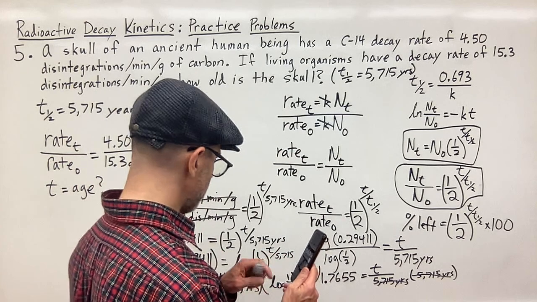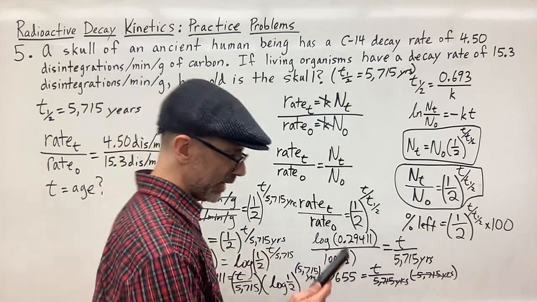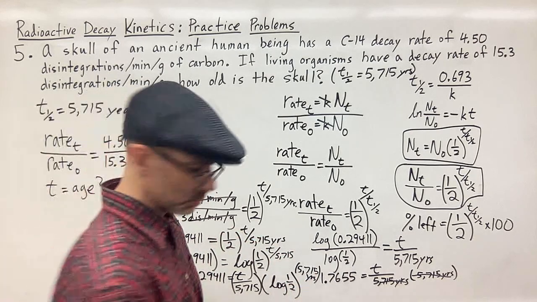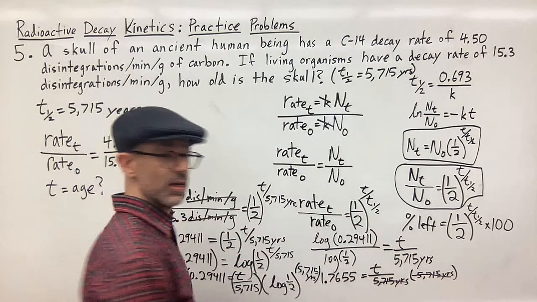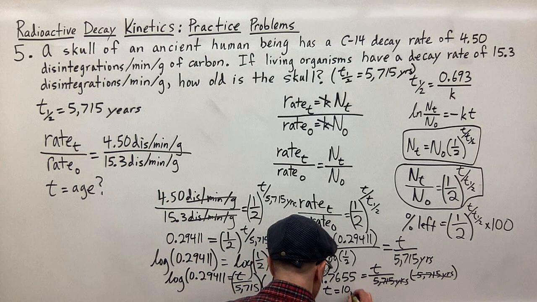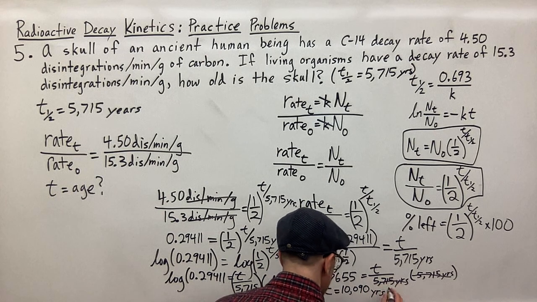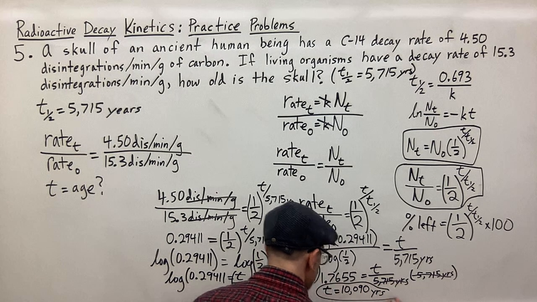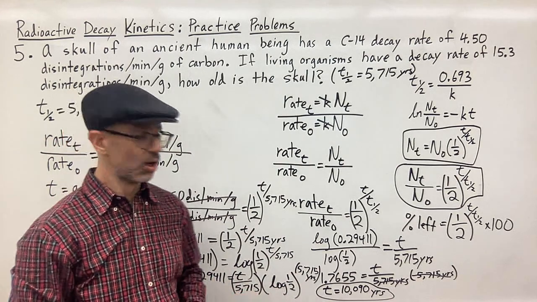So multiply that by 5,715. I get 10,090 years. So T is equal to 10,090 years. So that, ladies and gentlemen, is the age of the skull.